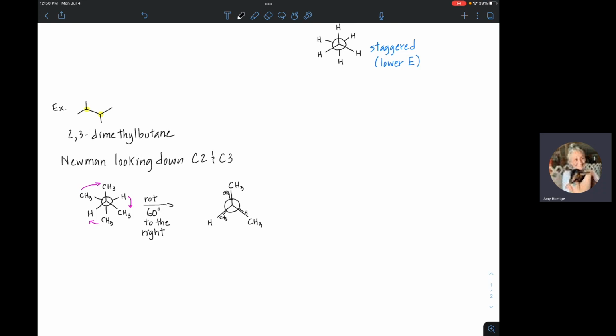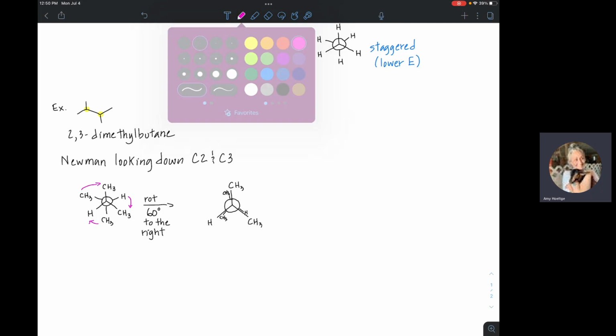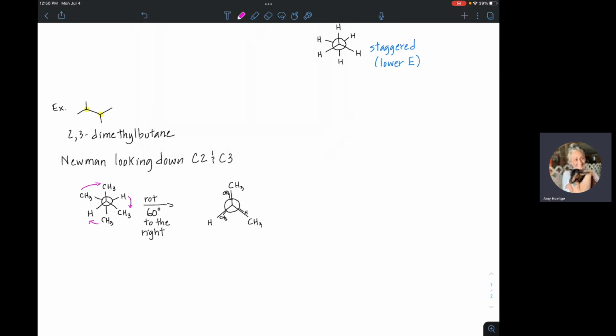So that's my best attempt at showing you that those 2 methyl groups are directly behind each other. This is going to be higher in energy.